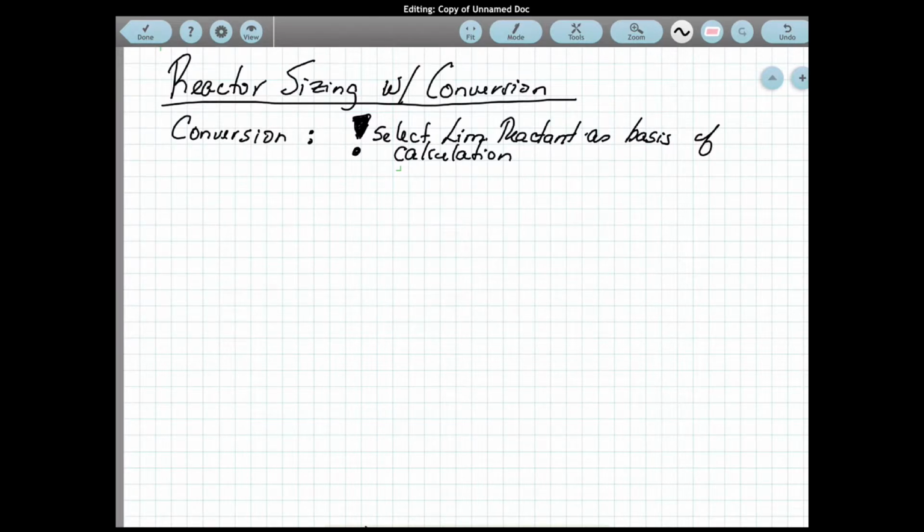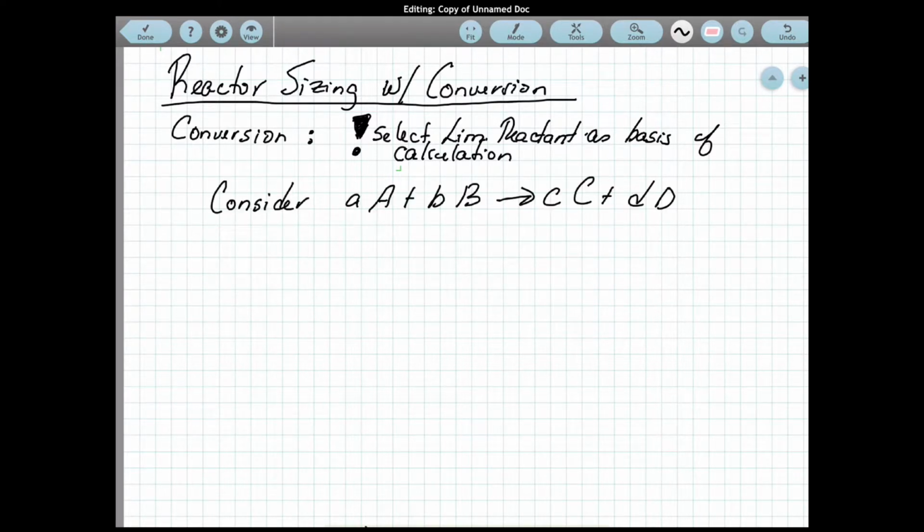Okay, so let's start with a general reaction. For this reaction, we're going to select A as our limiting reactant, and to have the chemical reaction defined in terms of the chemical reactant, we're going to normalize the chemical reaction for 1 mole of the chemical reactant.